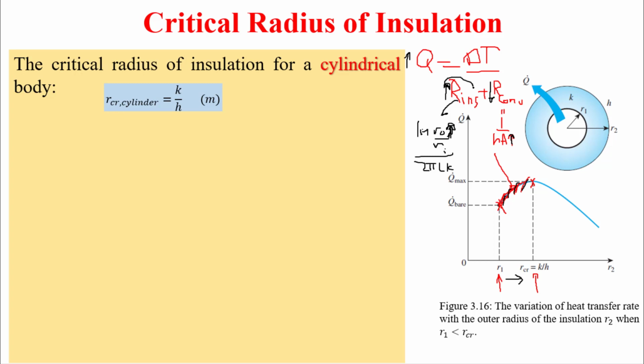But R insulation in this portion is not dominant. Who is dominant? R convection is dominant. This is why Q tends to increase up to this point.